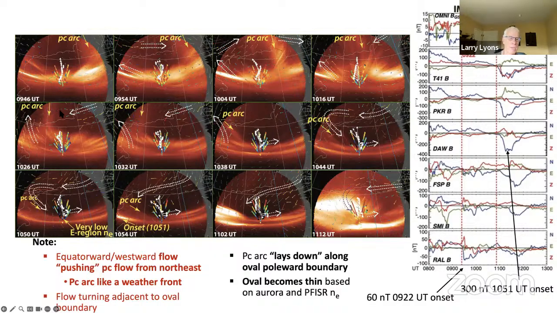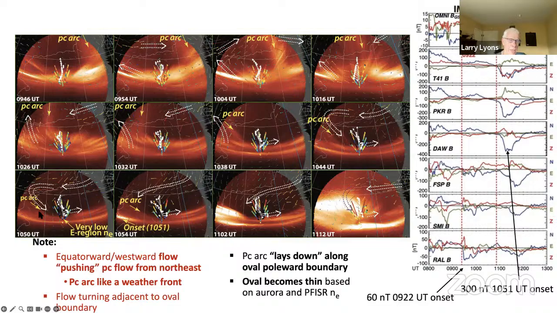As the polar cap arc continues to move westward, that flow from the northeast continues to push equatorward, looking like it's pushing this arc. And so it's a completely different flow and plasma regime that's coming in. Eventually it turns around. You can see it in the SuperDARN radar flows here, coming almost parallel in this direction.